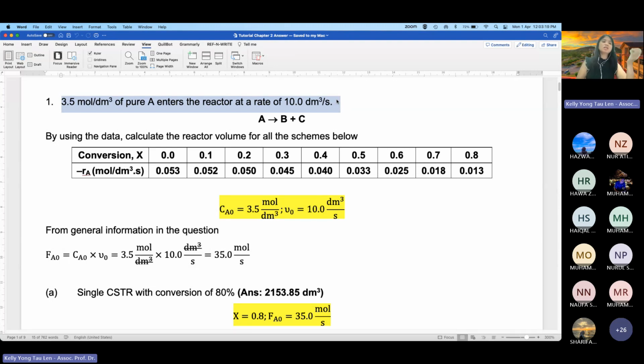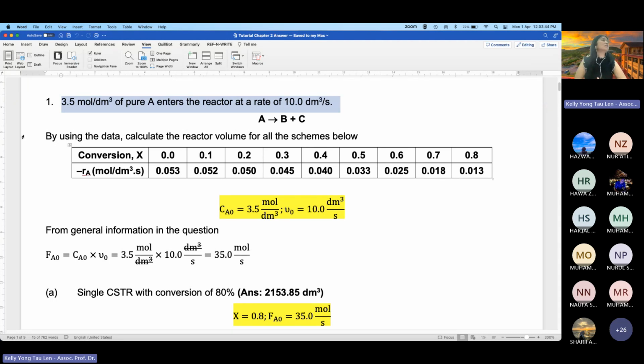That is the challenge. Let's say you misinterpret the information. Let's say I give you concentration, but you interpret it as molar flow rate or volumetric flow rate. That is the error you cannot make, because once you misidentify the number, definitely your entire question will be wrong. So you must really understand what the number represents.